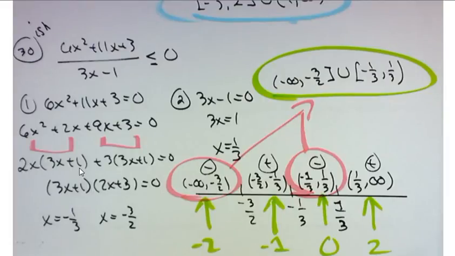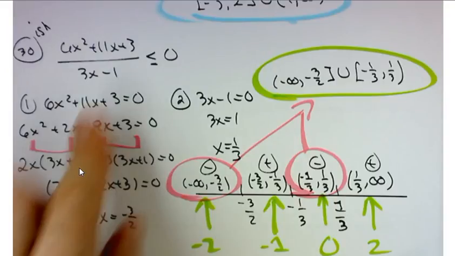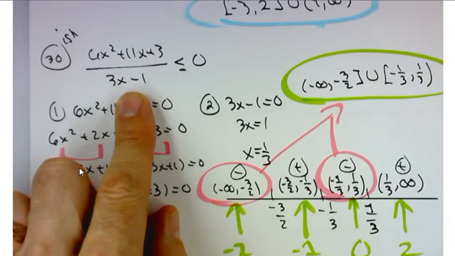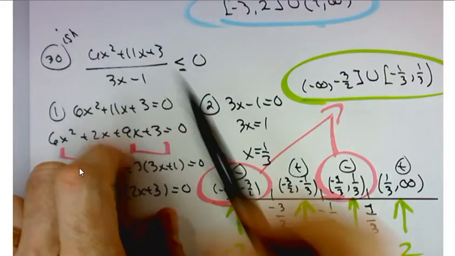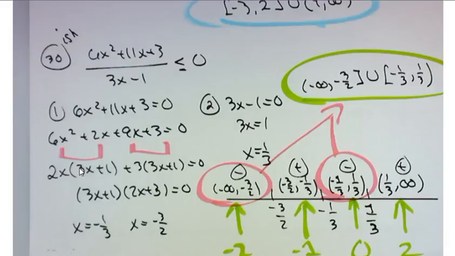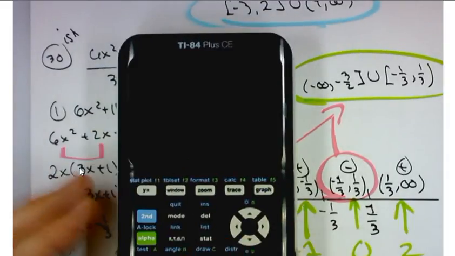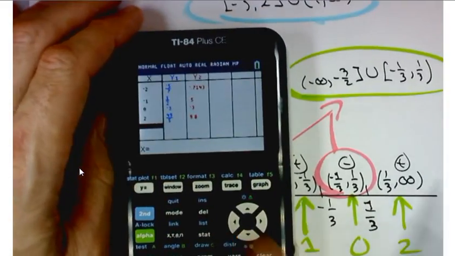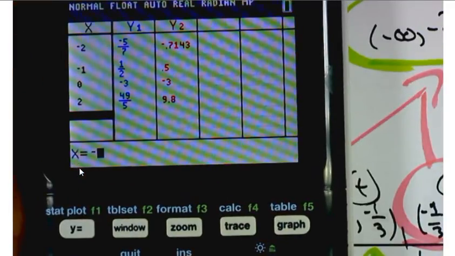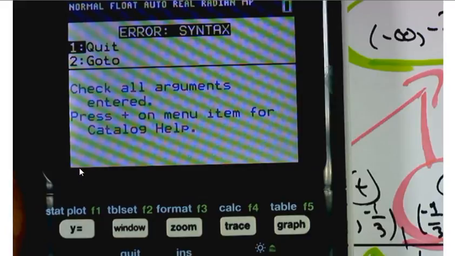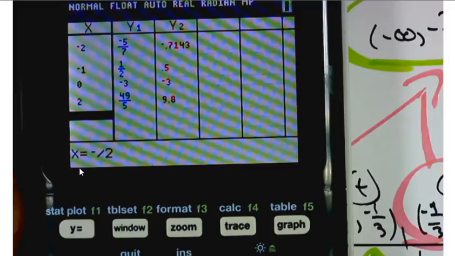Can you say that 1/3 gets a parenthesis again? Because 1/3 makes the denominator 0. So if you put in 1/3, 3 times 1/3 is 1, minus 1 is 0. You end up dividing by 0. Now, another way, if you're just not sure, then you can type in those points. You can type in -3 divided by 2. -3 divided by 2.